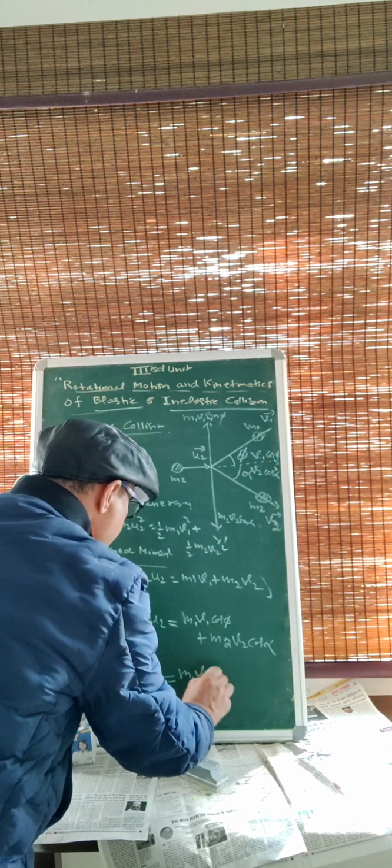ऊपर की तरफ m1 v1 sin phi. यहाँ पे मोमेंटम इधर जाएगा m1 v1 sin phi और इसका कंपोनेंट वर्टिकल ये है यहाँ पे. So this will be m2 v2 sin alpha. So we will be writing m1 v1 sin phi और ये इसके ऑपोजिट है तो माइनस m2 v2 sin of alpha.